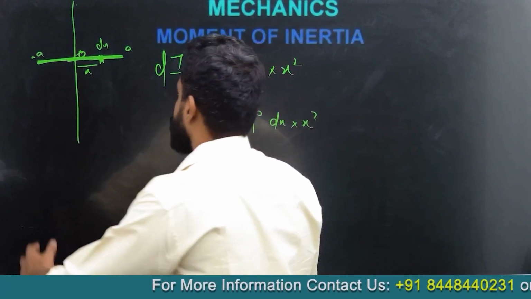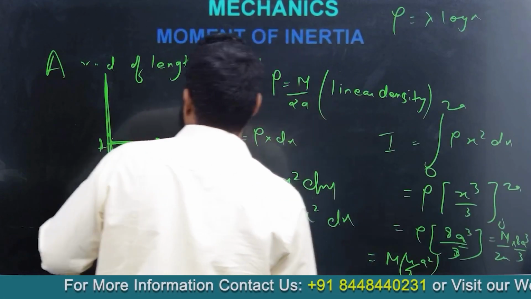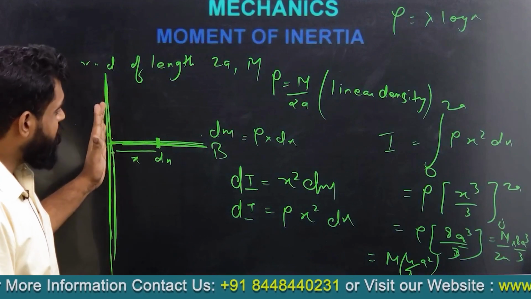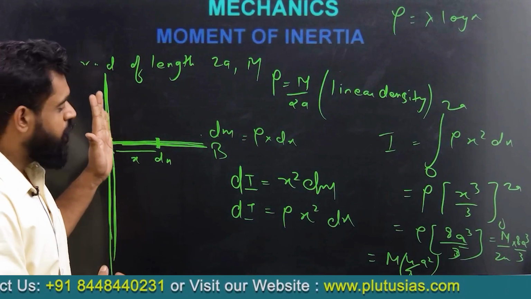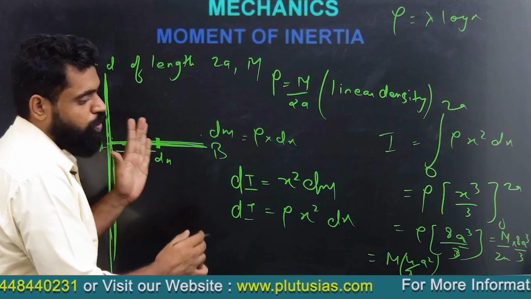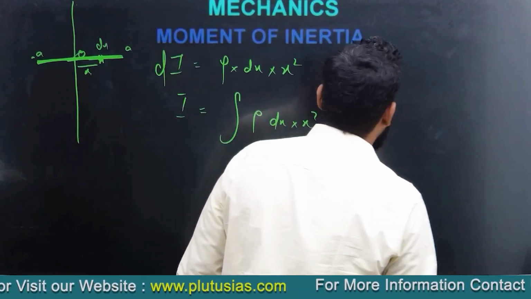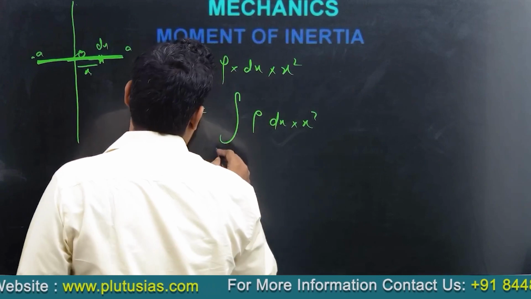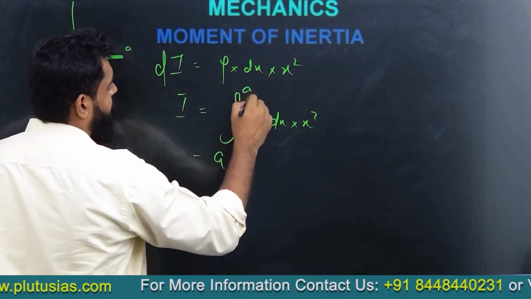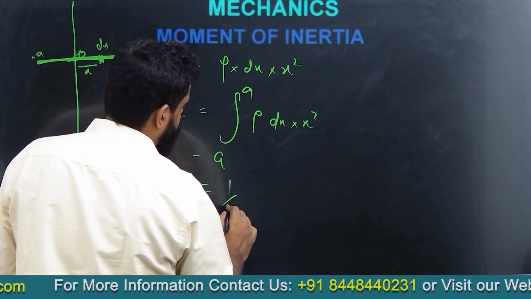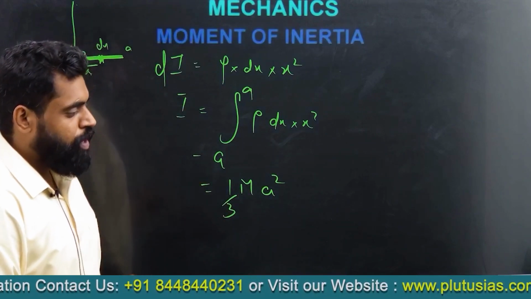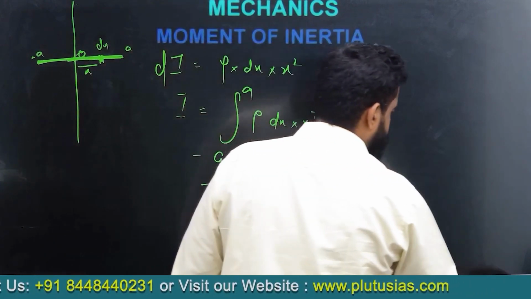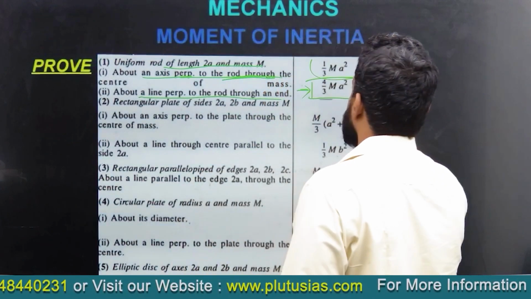In the case where we took the axis through one of the ends, we integrated from 0 to 2a. But in this case, we take it from minus a to a, and when you solve it, you will get 1 by 3 ma square.